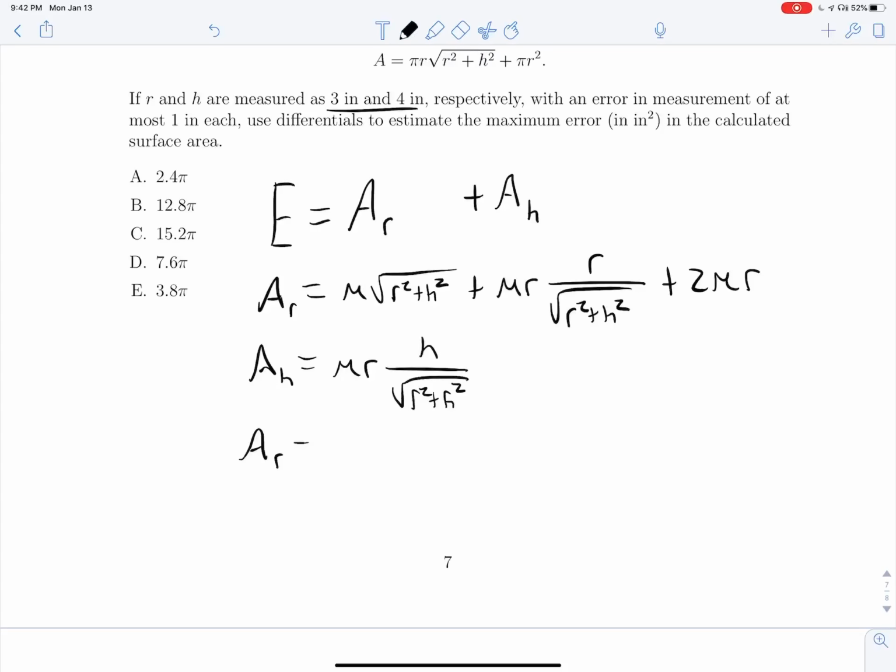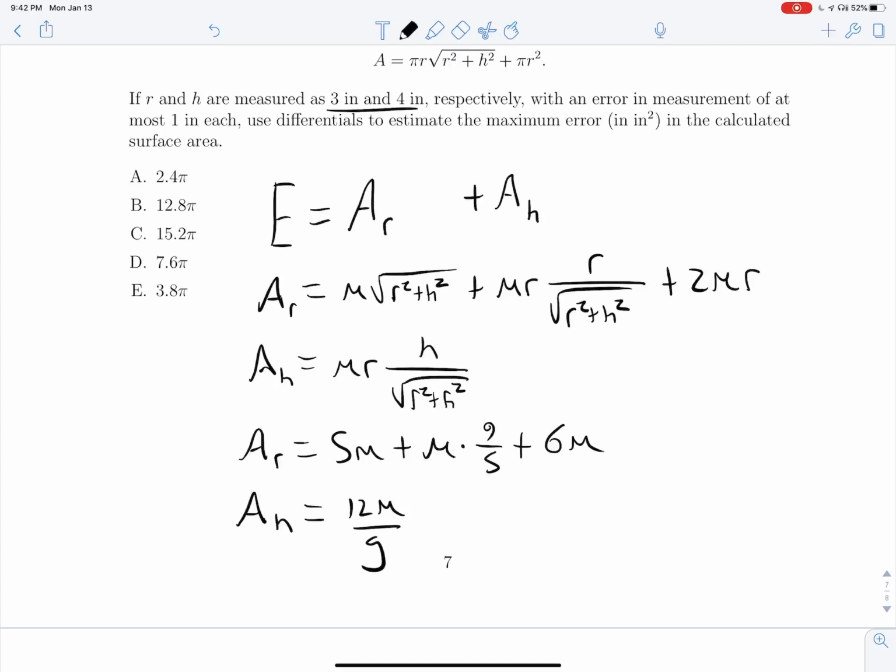So AR is 5 pi plus pi r squared over 5, so pi times 9 over 5, plus 2 pi r, which will be 6 pi, and then AH is just going to be 12 pi over 5.